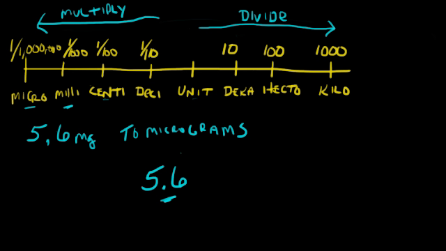So if we look at this, there's 1, 2, 3. Our decimal point goes there. We add zeros into here, and we come out with 5,600 micrograms.